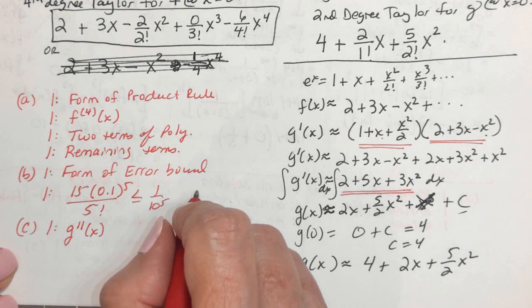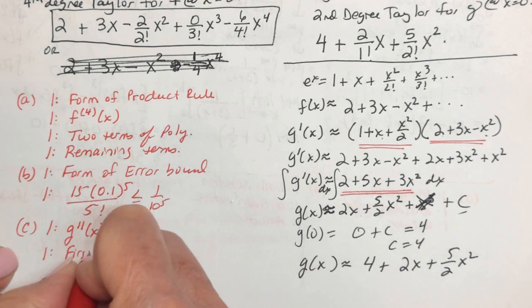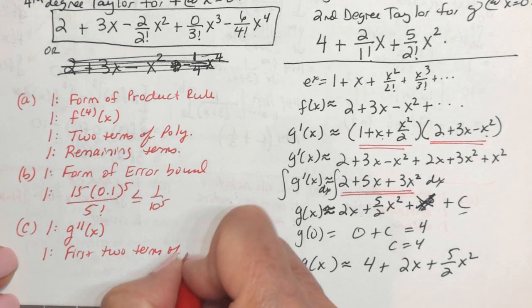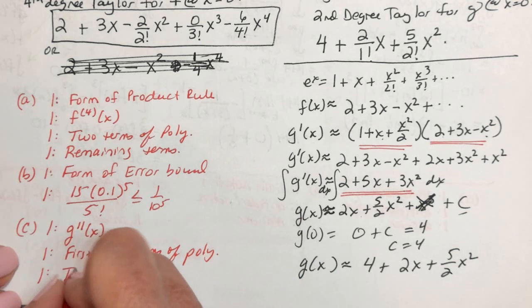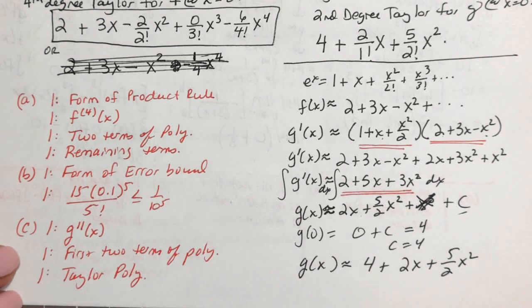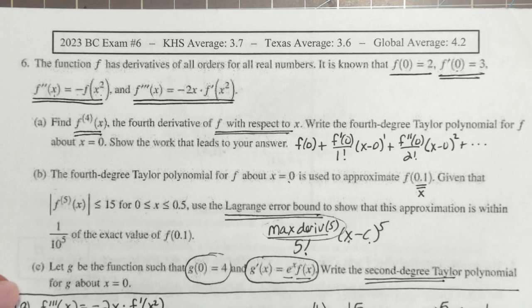Then 1 point was for the first 2 terms of the second degree polynomial, and 1 point was for the entire Taylor polynomial. Were they all correct? Okay, so a low scoring problem on this one, yeah?